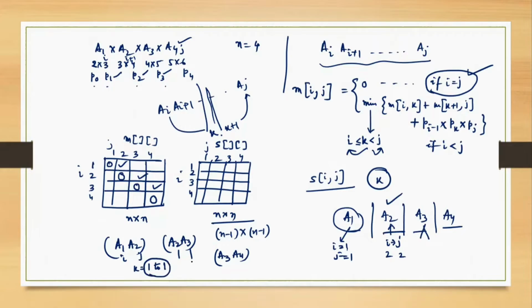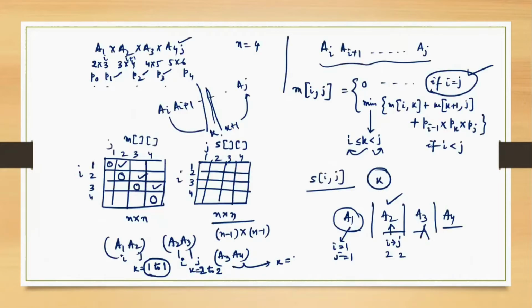Here I is 2, J is 3. K starts from I, that is 2, and repeats up to J minus 1, that is 3 minus 1, that is 2. 2 to 2, that is a single value of K. The same logic is applicable here. So K here starts from 3 and ends at 4 minus 1, that is 3. So K has the single value.